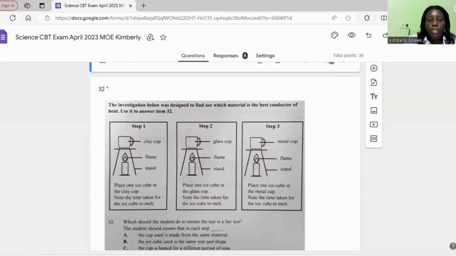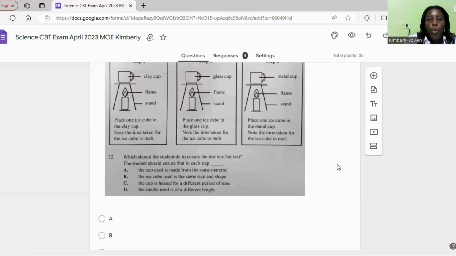Let's move on to number 32. The investigation below was designed to find out which material is the best conductor of heat. Use it to answer item 32. Which should the student do to ensure the test is a fair test?